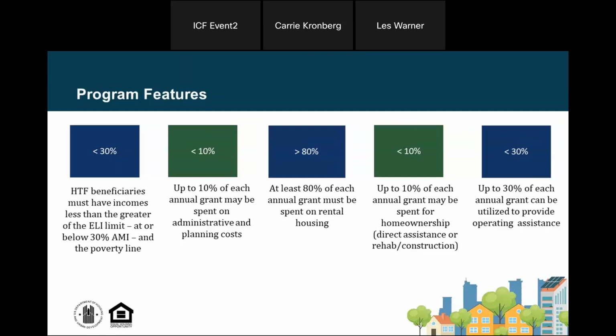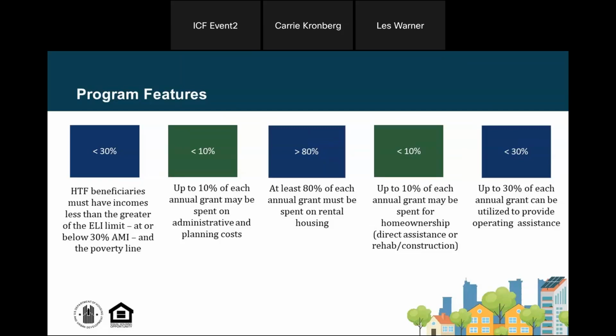Now, I will just mention that the rules for the Housing Trust Fund program at 93.250 lay out this language on the income targeting. Currently, it is restricted for households at 30% and below that we just mentioned.